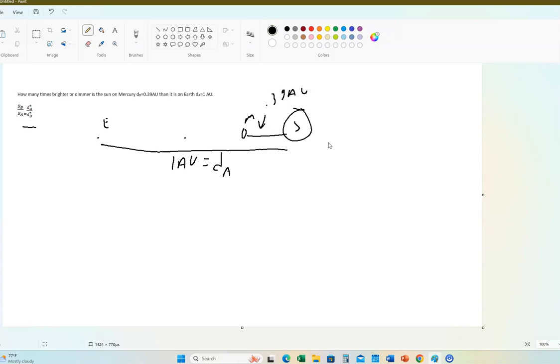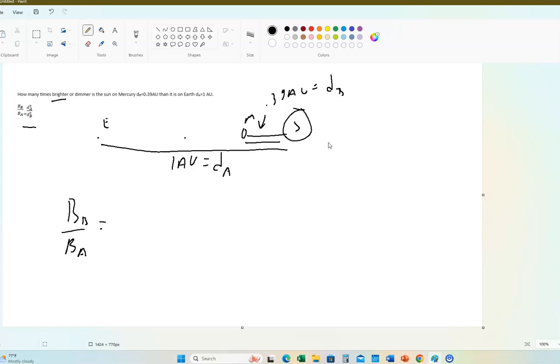All right. So anyhow, B is the distance B, so the brightness B compared to brightness A. We already know that since Mercury is closer to the sun, it's going to be brighter, so that part of the question is already answered.